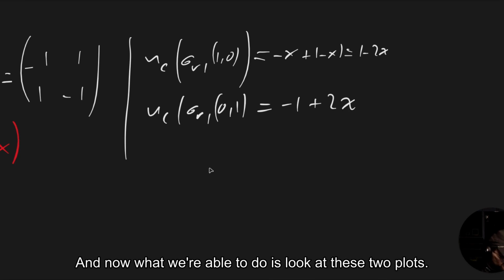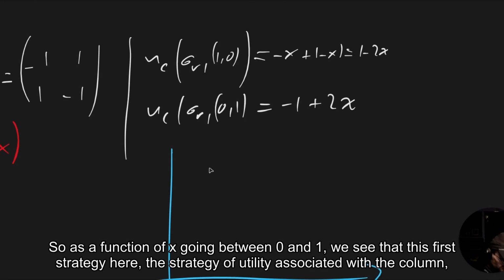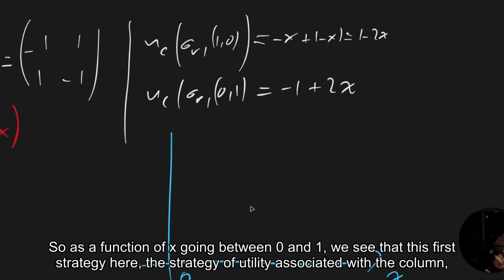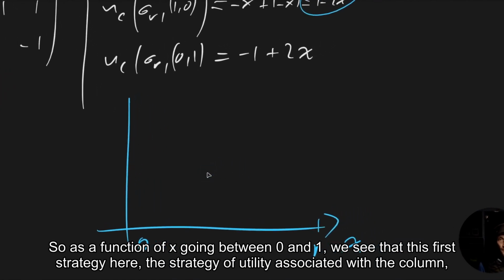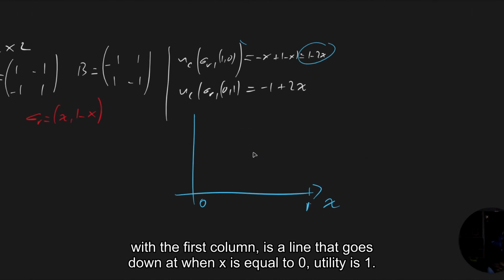And now what we're able to do is look at these two lines on a plot. As a function of x going between 0 and 1, we see that the utility associated with the first column is a line that goes down.